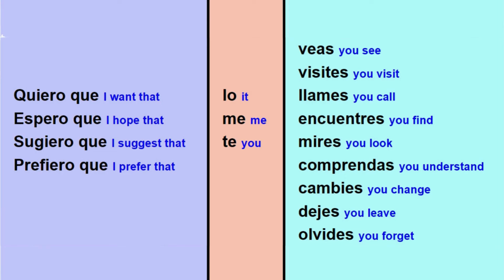I prefer that you change it. And we're probably more likely to say, I prefer you to change it, something like that. So another example where the structure is slightly different in English. Quiero que lo veas. I want that you see it, but we would actually say, I want you to see it.